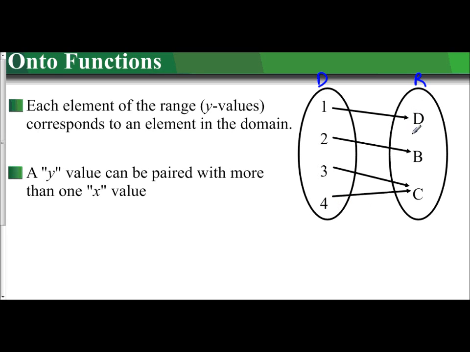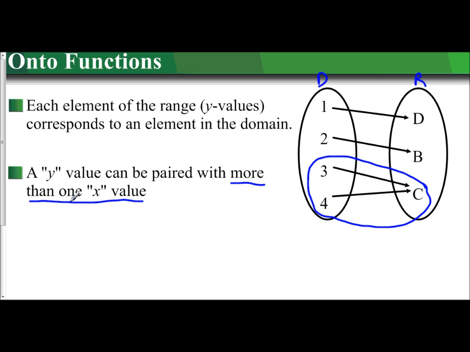So each element in the range is paired up with an element in the domain. However, for an onto function, a y value can be paired with more than one x value. And we can see that occurs right here in our mapping. The y value, c, is paired with both the x value 3 and with 4.